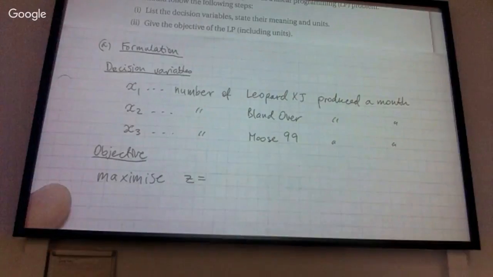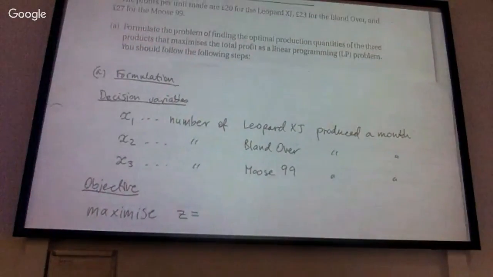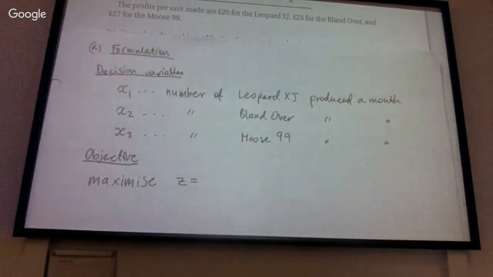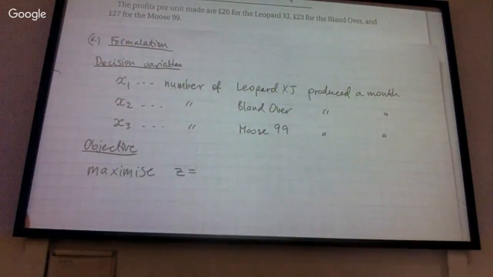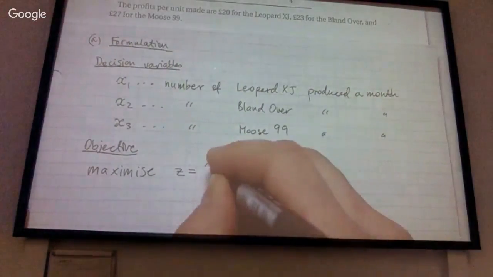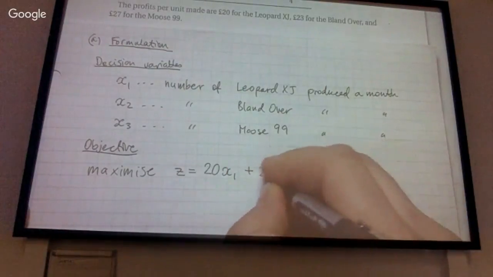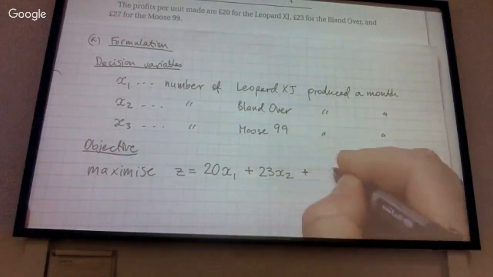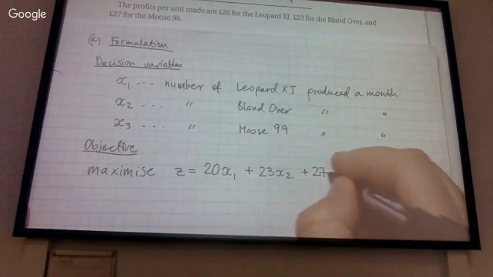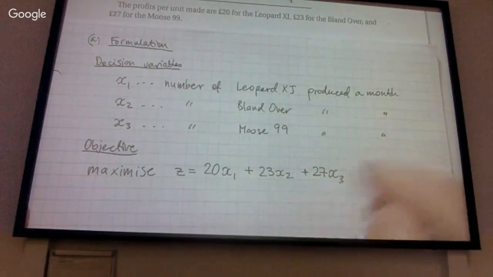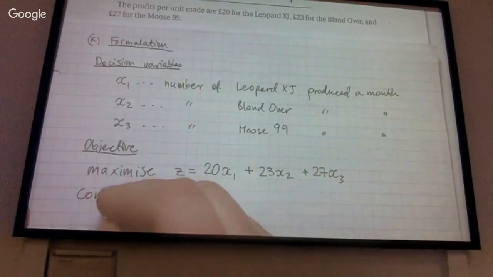And the profit is given by the profit of the individual models. If you're making x1 of the Leopards, then the profit of the Leopard in total is going to be 20x1, and the second one 23x2, and then 27x3.